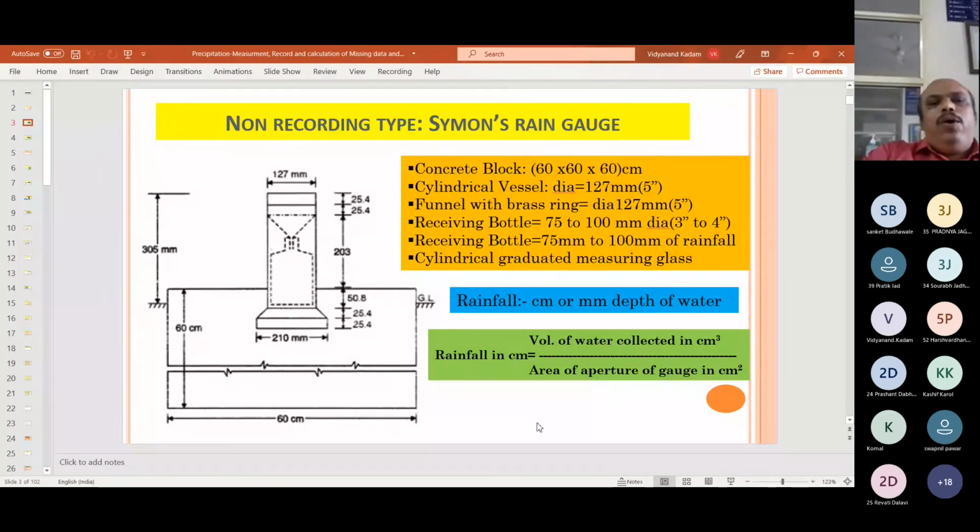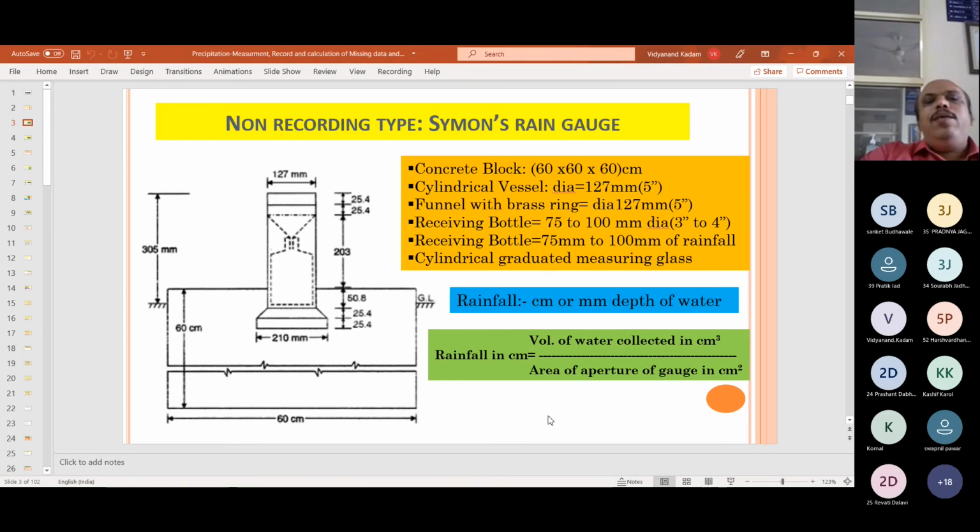The bottom width of this cylindrical vessel is 210 mm. In this cylindrical vessel, a receiving bottle is kept. The receiving bottle may have a diameter from 75 to 100 mm, that is, 3 inches or 4 inches.